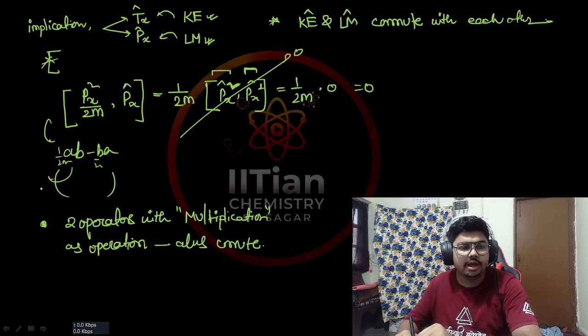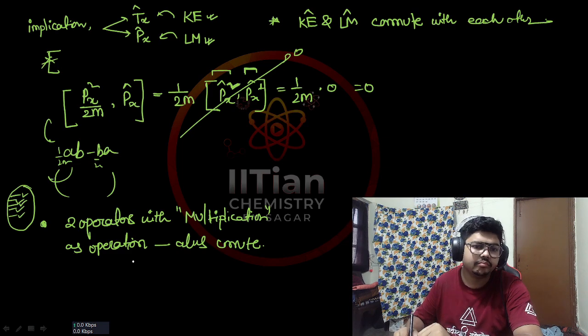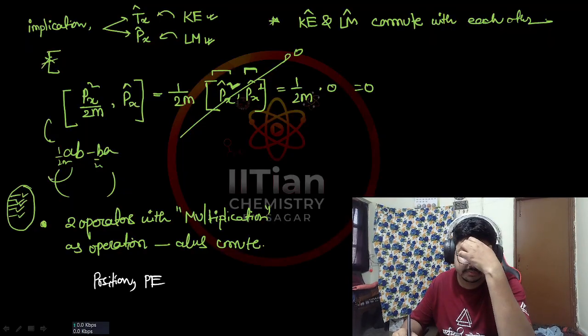What operators have we seen? Four or five operators like position, momentum, kinetic energy, potential energy, angular momentum. Among these, which operators are multiplicative in nature? If you have revised well, you can tell me that only the position and potential energy operators are multiplicative in nature.